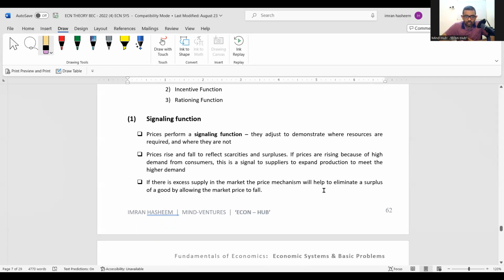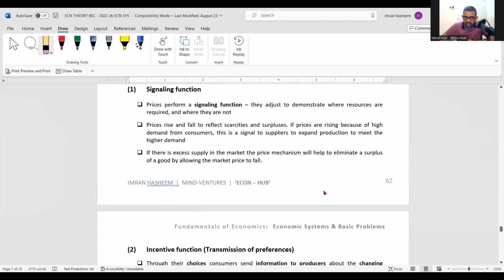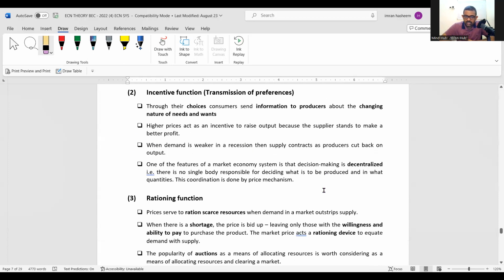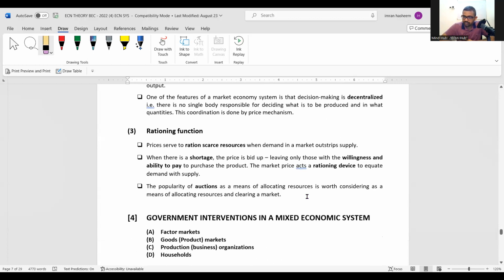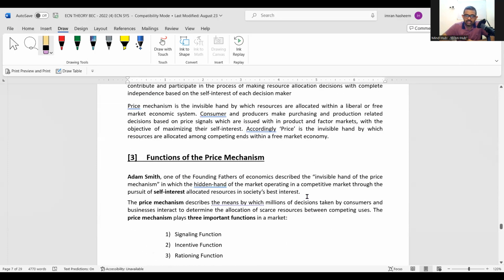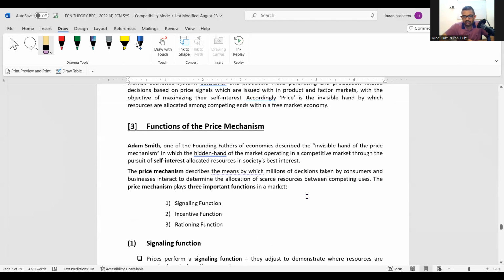So go through these notes definitely. All three functions we are going to talk about, but let me now take a practical example and explain. Is that clear?